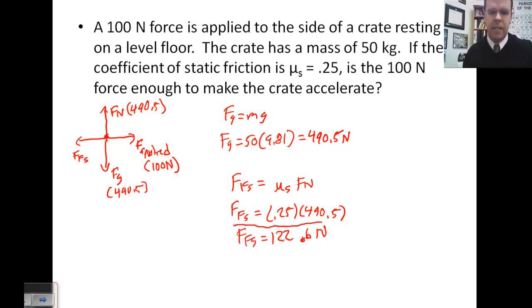Now in this case, that means that the static friction force here can be as much as 122.6 newtons. That does not mean that the force has to be that amount. If you only apply a 100 newton force, the static friction force would stay at 100 newtons and the object wouldn't move. With static friction, you have to get greater than the static friction force for the object to accelerate. So the answer in this case is no.